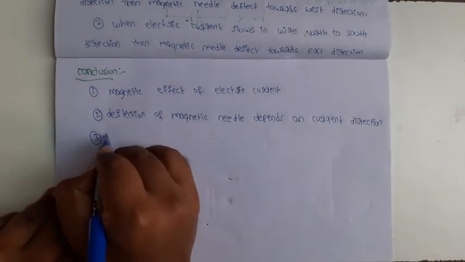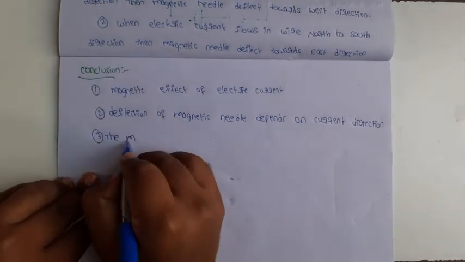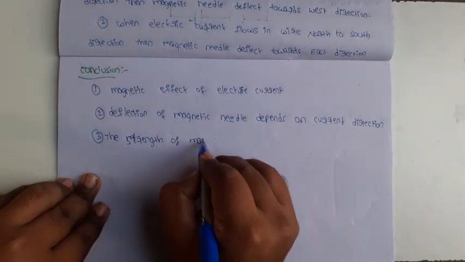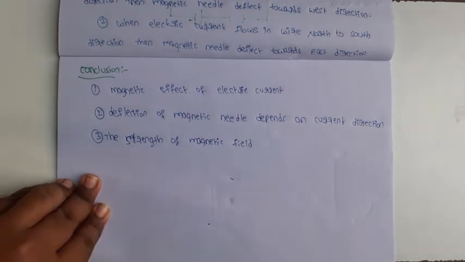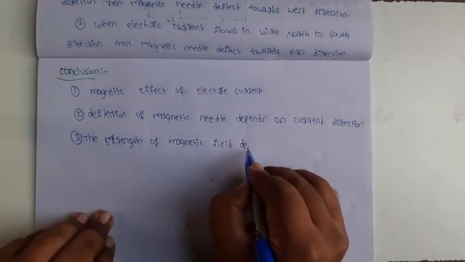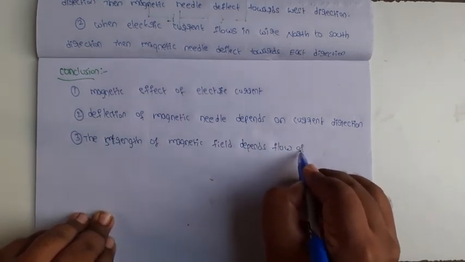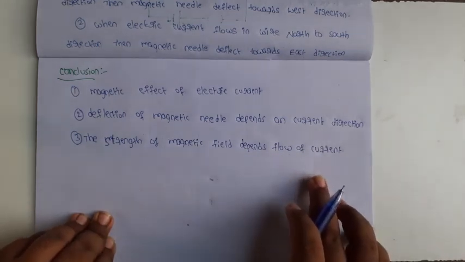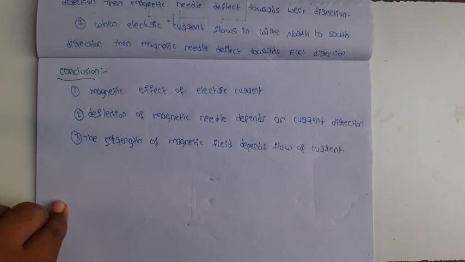Third one, the strength of the magnetic field depends on the flow of current. If the flow of current increases, the strength of the magnetic field also increases.